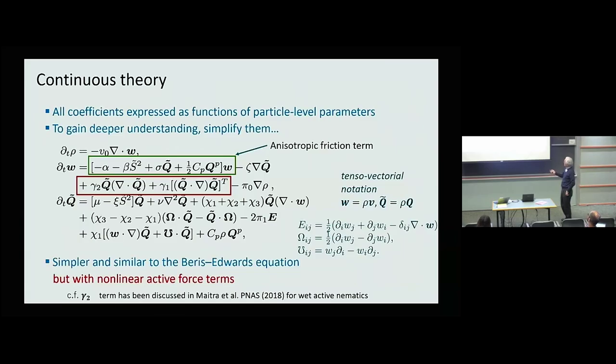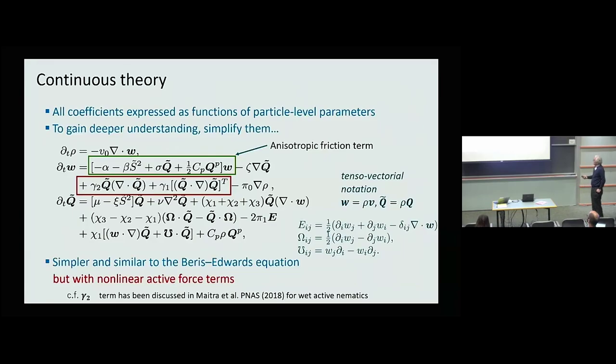This is linear, and this term corresponds to the anisotropic friction. There is a shear effect and rotation, and since this is a compressible system, we have some extra terms due to compressibility.